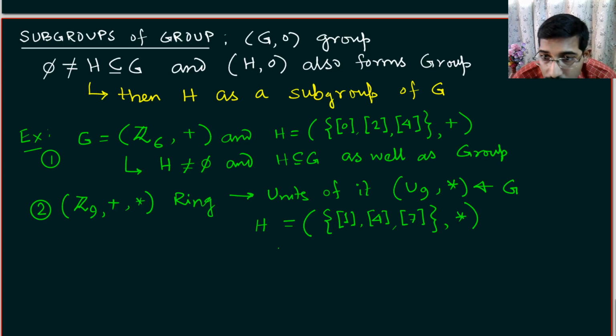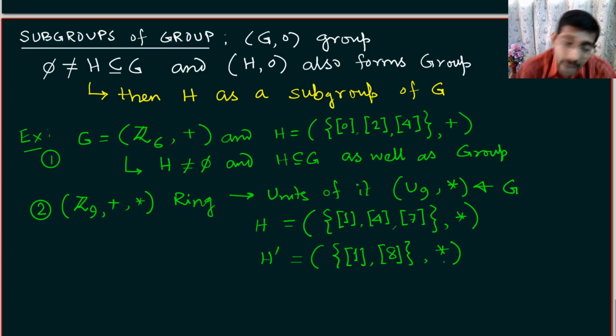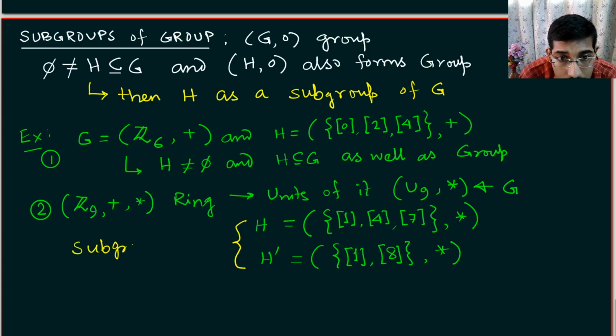I can also take another set H dash as 1 and 8. 8 has inverse 8, so I can take it and form another subgroup. So all these are subgroups of U9 with star.